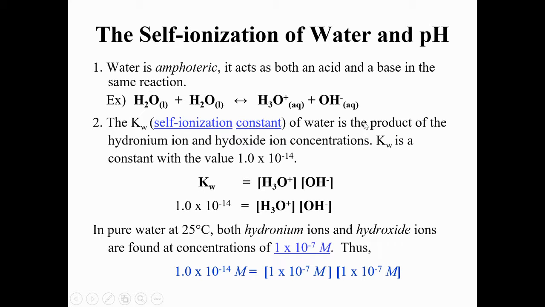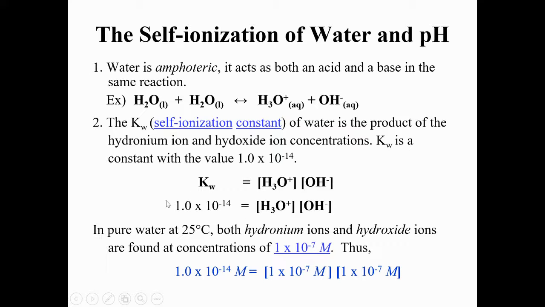The self-ionization constant gives us an idea of how much of these things are present. The value is 1 times 10 to the minus 14th, and it is equal to the hydronium ion concentration times the hydroxide concentration, whether it's an acid, base, or neutral solution.